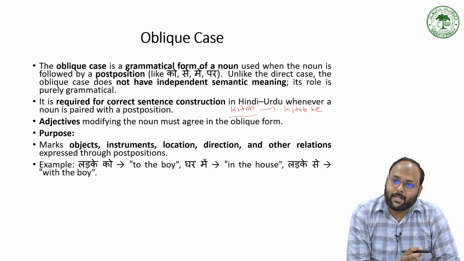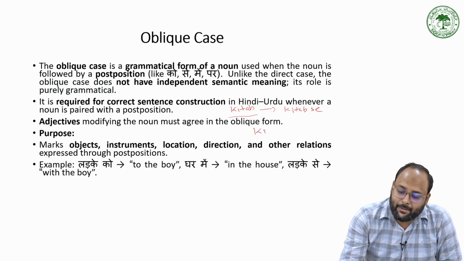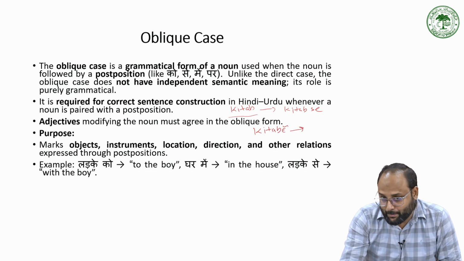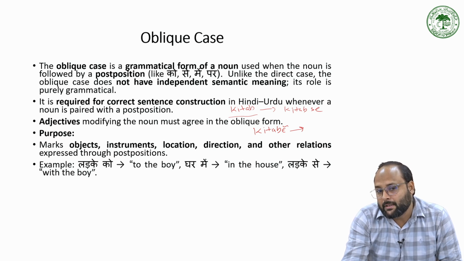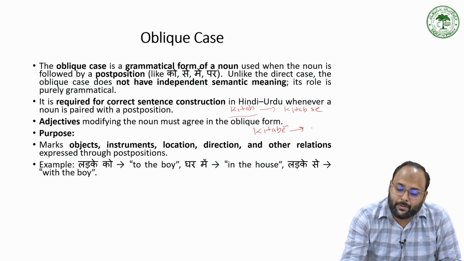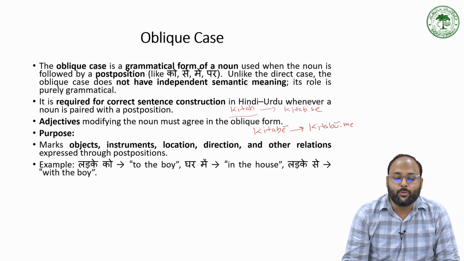But when you are using the kitab into the kitabein, like kitabein, so when we are using the plural with any postposition, it becomes किताबों में ये चीज रखी है, किताबों में ये लिखा है. So here the a changes into o in the plural, but for singular there is no change.